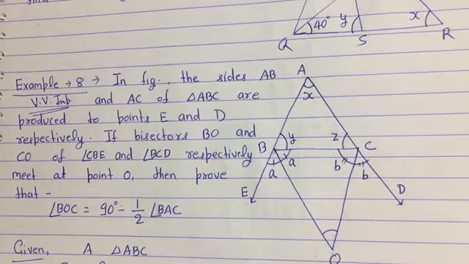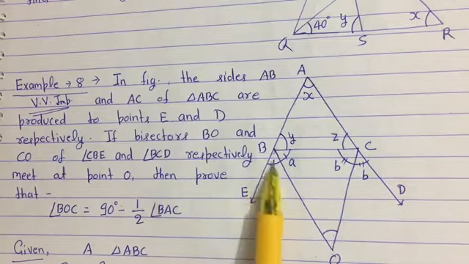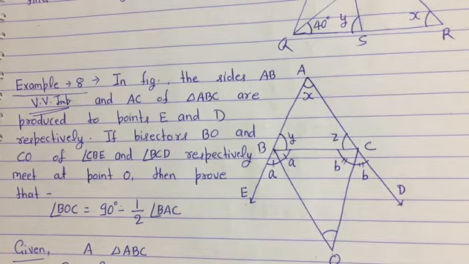Okay. Now first of all you have to write what is given. So the first thing is a triangle ABC. BO and CO are bisectors of angle CBE and angle BCD. To prove: angle BOC is equal to 90 minus half angle BAC.